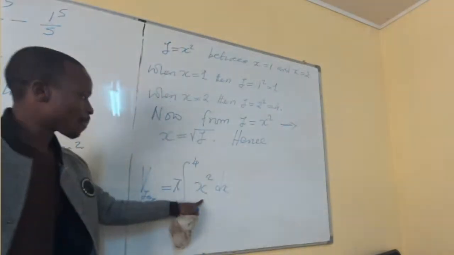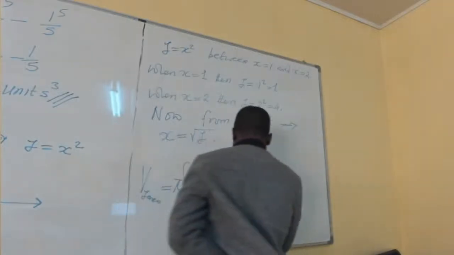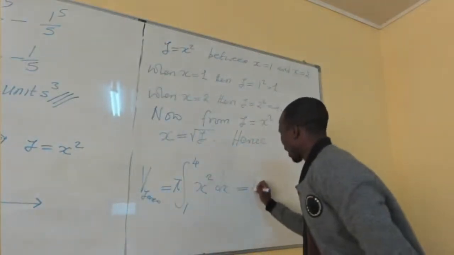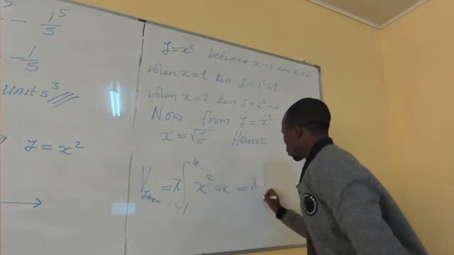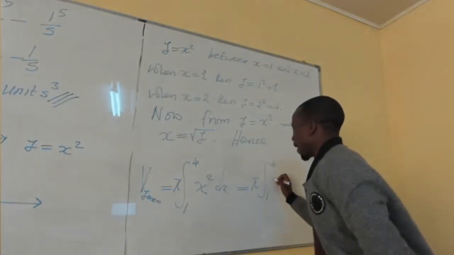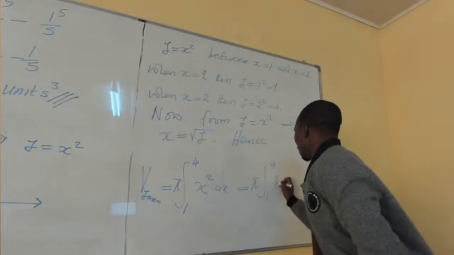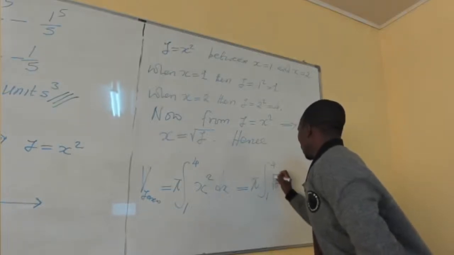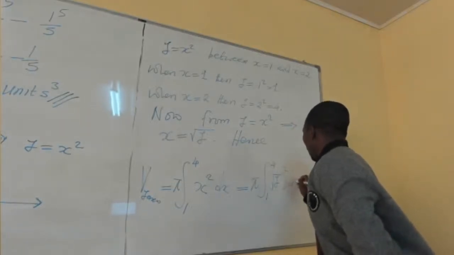What is x now? This is just equal to pi times the integral from 1 to 4 of the square root of y, everything squared.